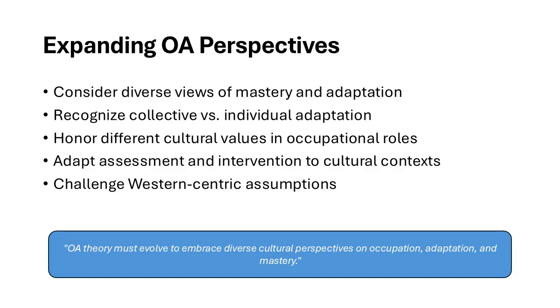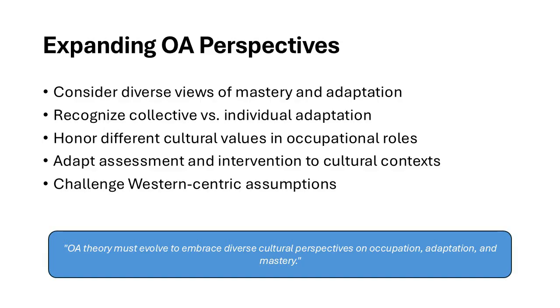In many cultures, adapting successfully might mean prioritizing group harmony or fulfilling family obligations, even if it slows down individual progress by Western standards. So measuring only individual efficiency might completely miss the mark for some clients. Exactly. Their satisfaction might be tied to community well-being, not just personal output. If our measures of mastery and satisfaction don't account for that, we risk imposing our values and failing the client.